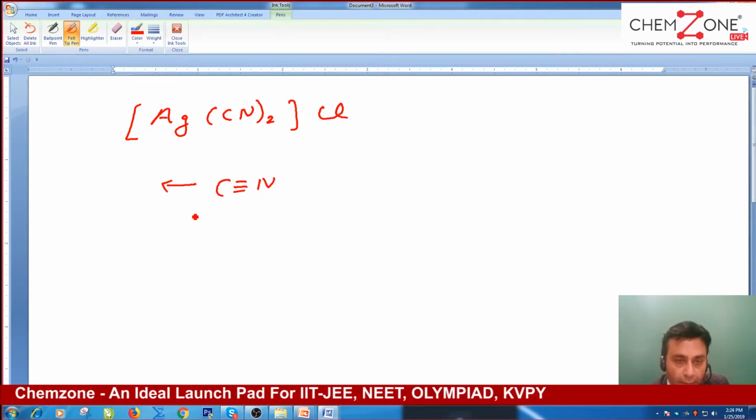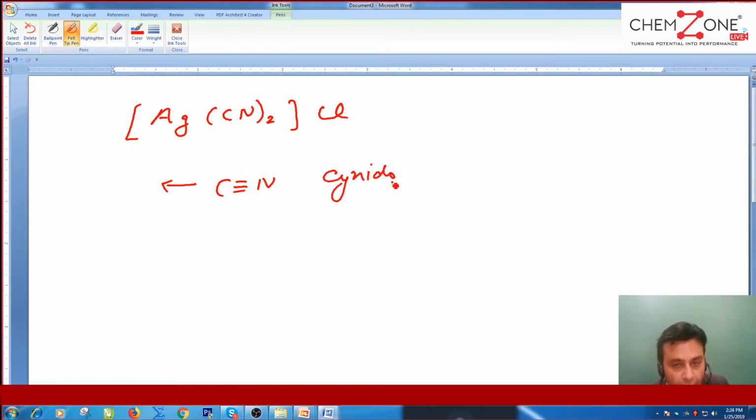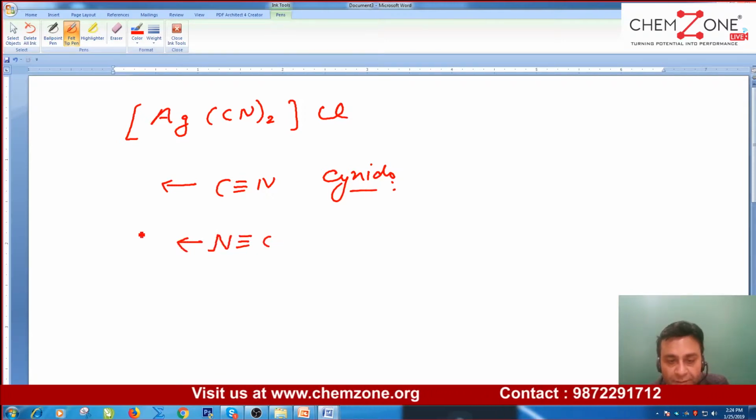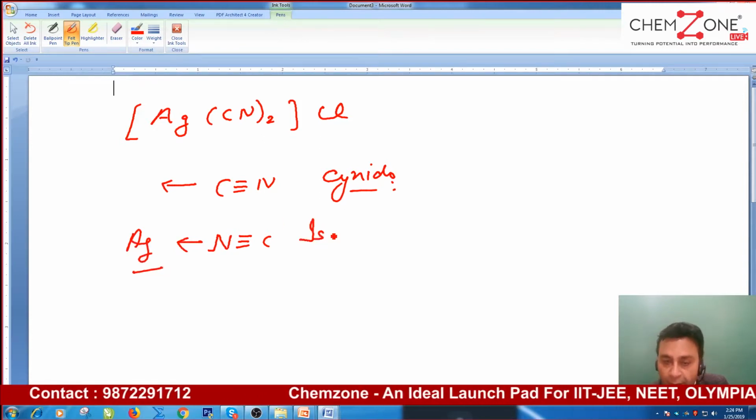So this would be silver. The ligand is cyanido, right? Yeah, cyanido silver. I'm not telling you the complete nomenclature. It will take some time to discuss everything. But if it is making a bond with nitrogen, in that case it will be isocyanide.